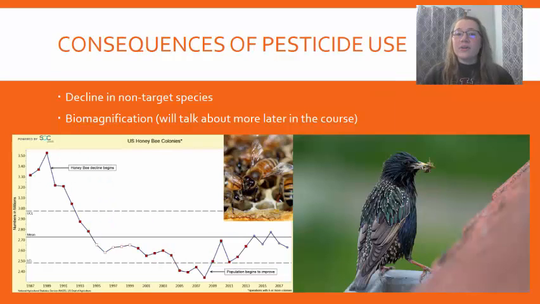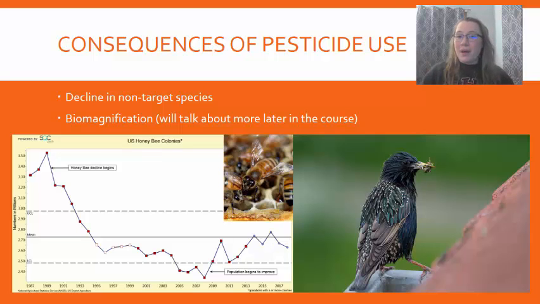Again, there are some other consequences of pesticide use. Primarily, most of these pesticides are what are called broad spectrum, which means they target a wide variety of species. And that means when you're spraying it on a field trying to get rid of one particular pest species, you're going to see a decline in the non-target species as well. Now, in the last several decades, we've seen a decline in honeybee populations.